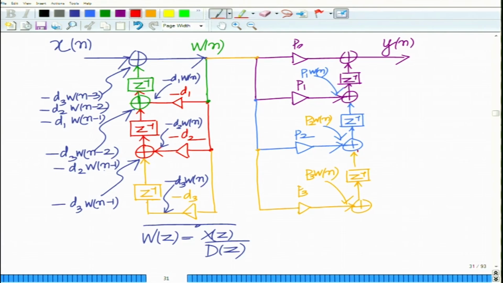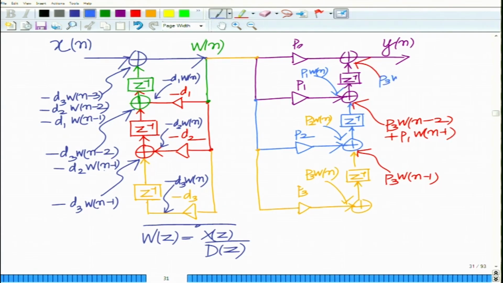Here at this point you have P3 W n minus 1, at this point you have P3, because it is passing through two delays, P3 W n minus 2 plus P1 W n minus 1, and at this stage you have P3 W n minus 3 plus, I am sorry, this is P2 W n minus 1, alright.